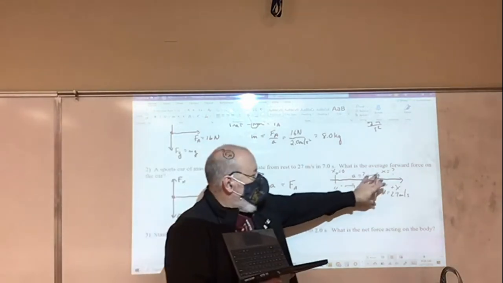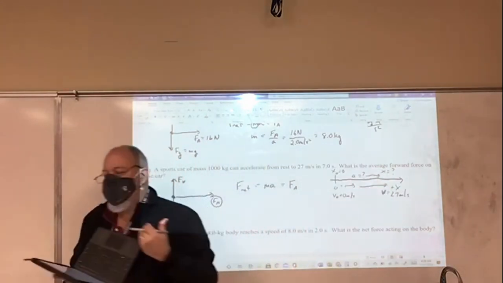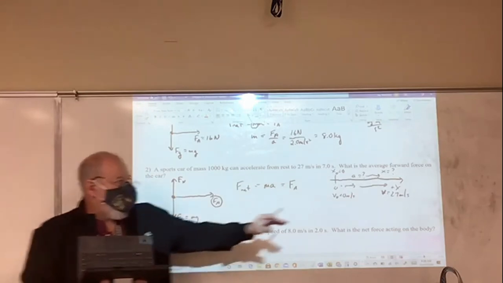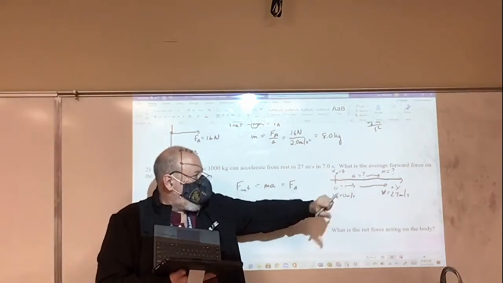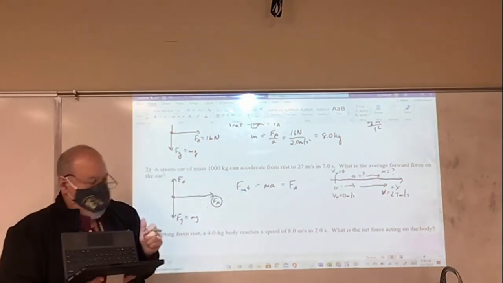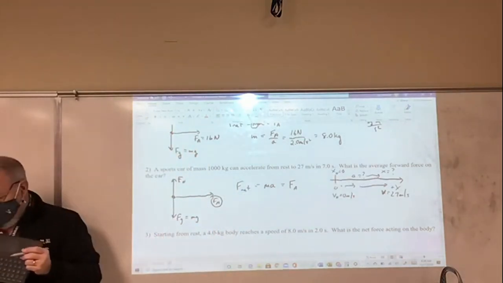My hope is that you don't need to do that anymore, but if you do need to, by all means, gather all your information for this additional motion problem using a motion diagram.